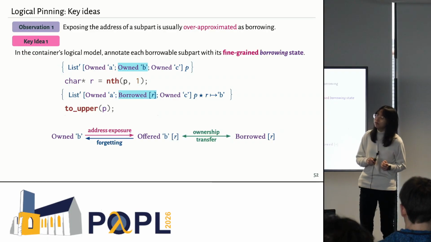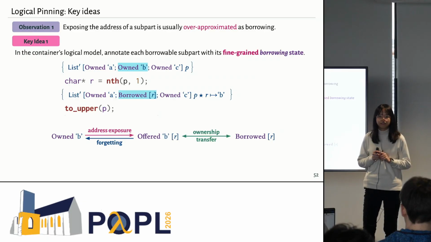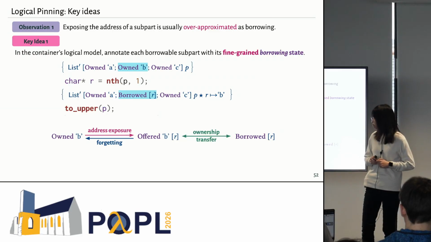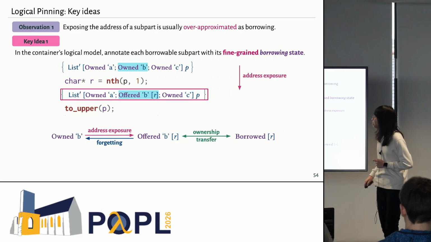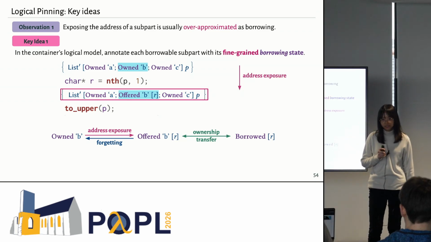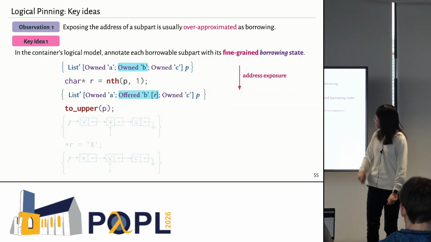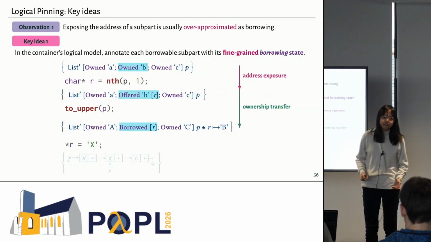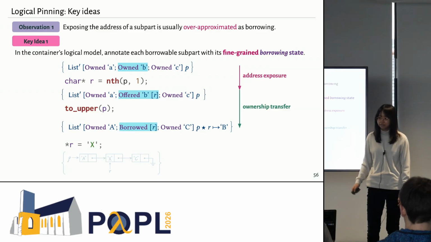And then if we don't want the exposed location R anymore, we can forget about it by going back to the own state. So now, instead of borrowed, we use offered here to just expose the address R. And then we can do the ownership transfer later when we actually need it.